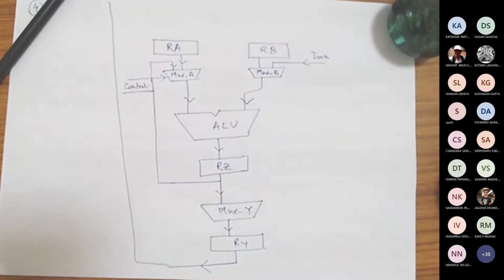So this can be done in hardware. While the instructions are issued to the pipeline one after another, it checks the different fields of the instruction.